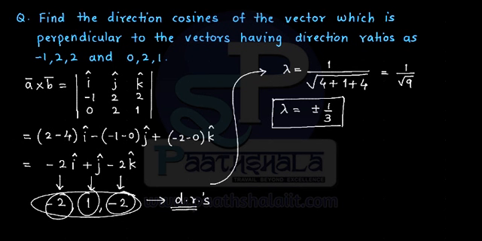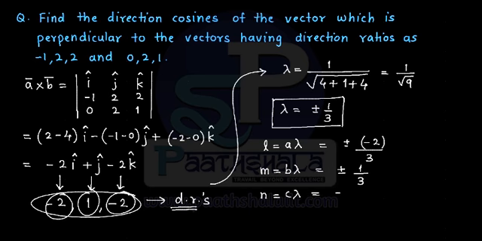Correct? So now we know that l is equal to a lambda. Therefore here we get l is equal to plus or minus -2 upon 3, then m is equal to b lambda, that is equal to plus or minus 1 upon 3, and n is equal to c lambda, which is equal to plus or minus 2 upon 3.